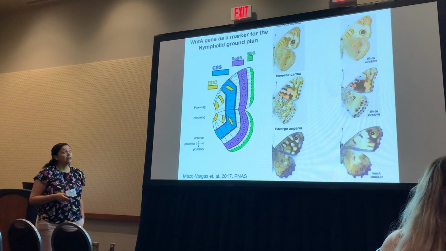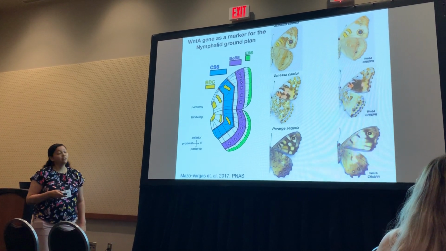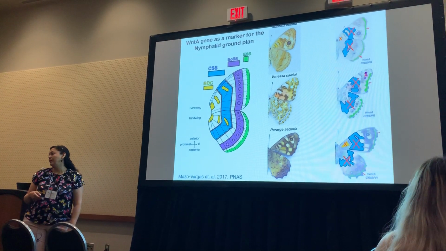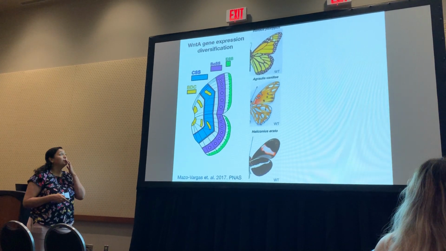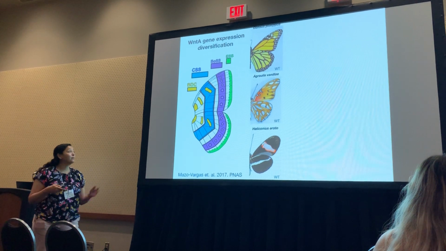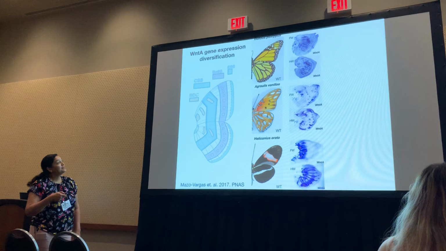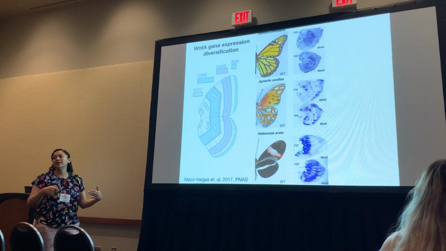When we knock out this gene in the butterflies using CRISPR-Cas9, we see drastic changes in the phenotype, and it's basically affecting different elements of this Nymphalid ground plan. Now, there are butterflies that have diverged from this ground plan. Some of them seem a little diverse, and some are very extreme.